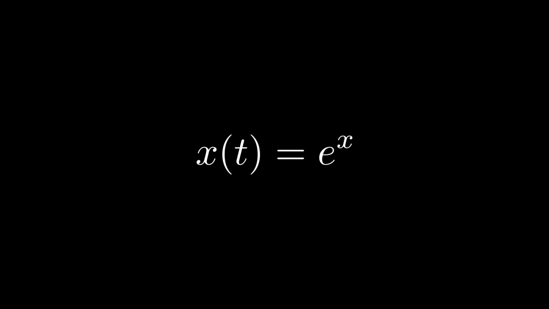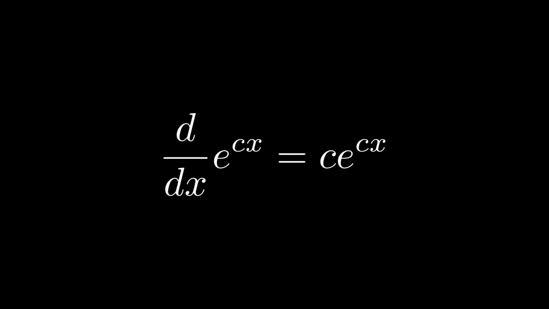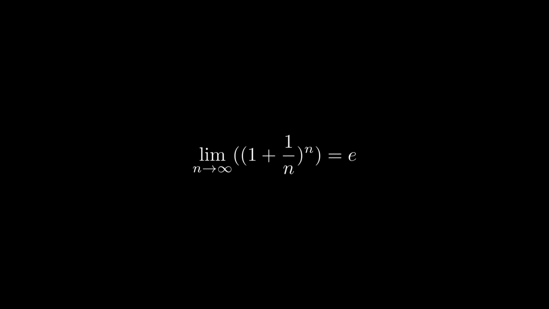Now, in general, we can do this whole process for any time t, and the output will be e to the t. If we scale our input by some constant c, that corresponds to scaling the derivative, the green arrow, by that same constant c. Even though you can get this limit definition from how we defined e, it won't be super important to our discussion, so I won't go over it.